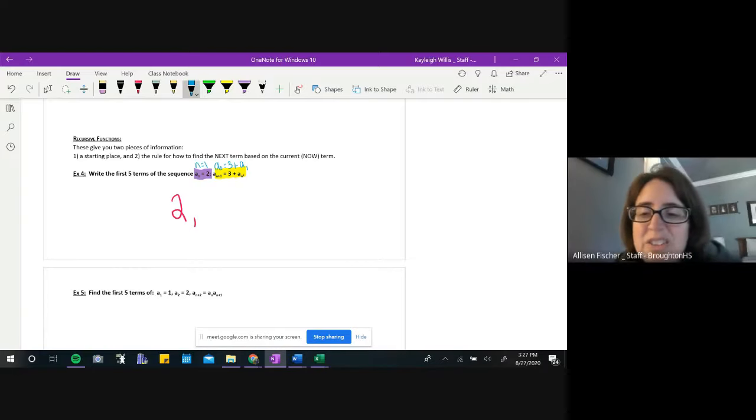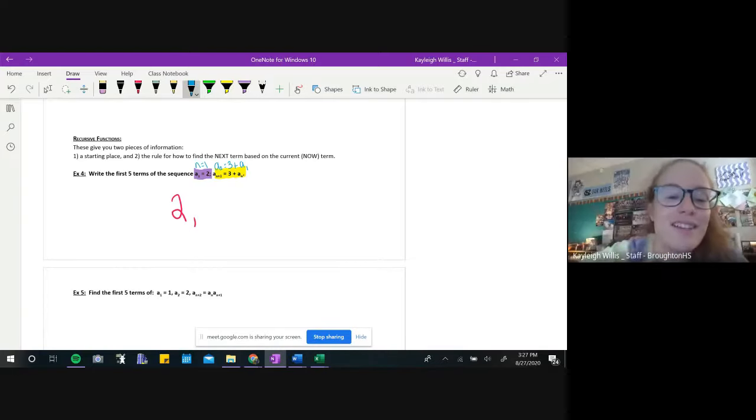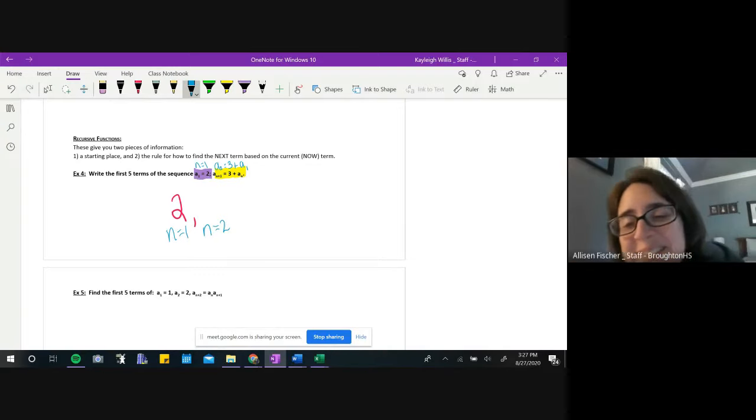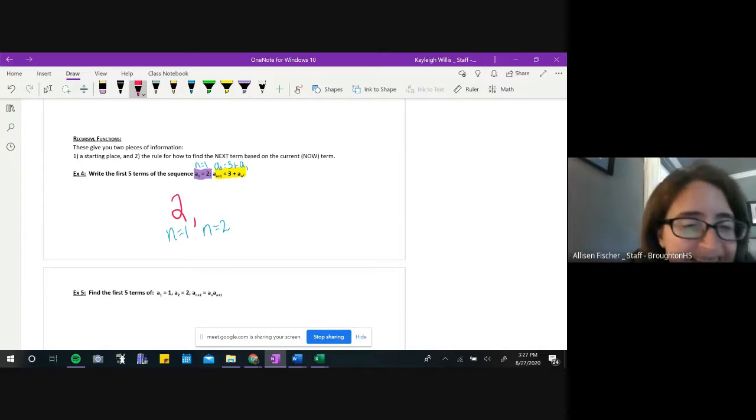Wait, how did you get the 2? Because I want to find, they've given me the first term, n equals 1, right? The next one we want is n equals 2. So the second, and that's just adding 1 to your n term. So if my n was 1, 1 plus 1 gives me the second. Oh, I got it.